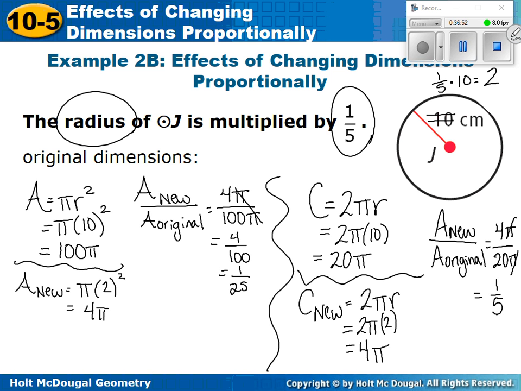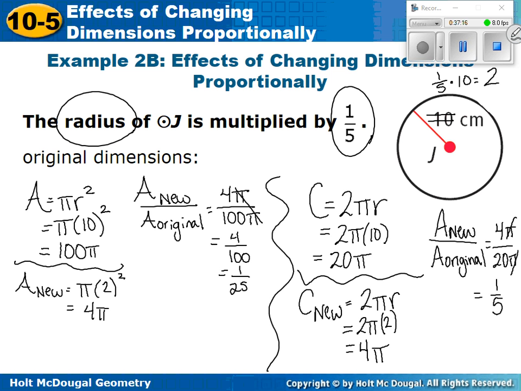Multiplied by 4. So we thought maybe we could just do 2 plus 2 is 4. But does that work over here? Is 1/5 plus 1/5 1/25? No. So what are we really doing to that value of 2 to get 4, or to that value of 1/5 to get 1/25? We're squaring it.